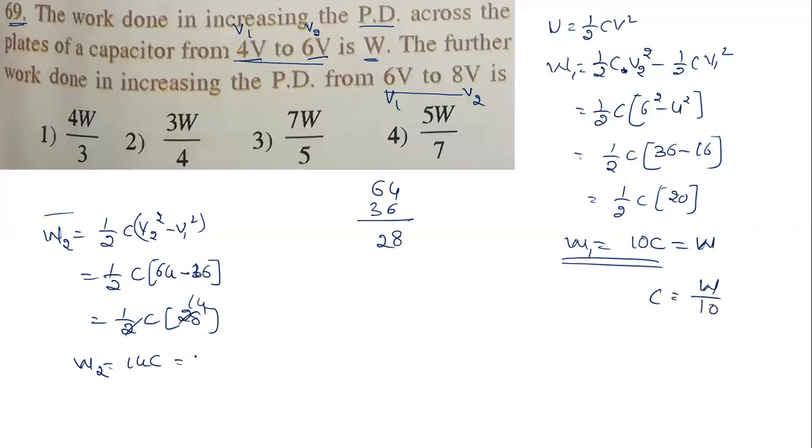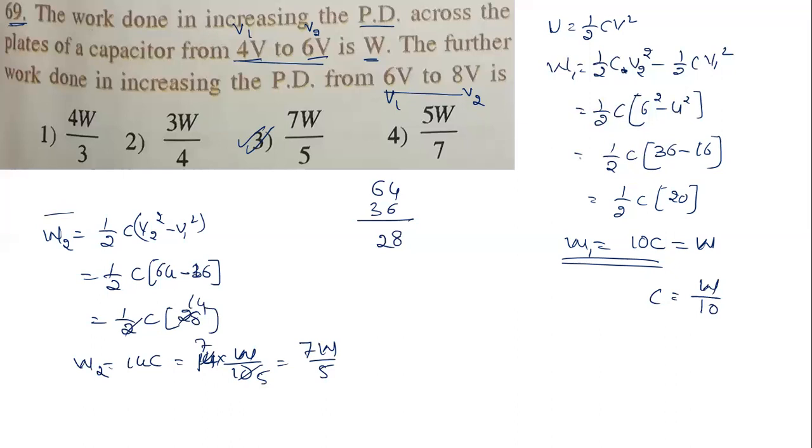We put it here. So 14 into C means 14 into W by 10, because I indicate the value in terms of W. We cancel 14 with the 2: 2 5 times, 2 7 times, it will become 7W by 5. That is the answer.